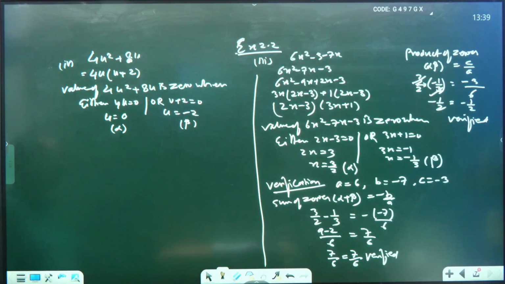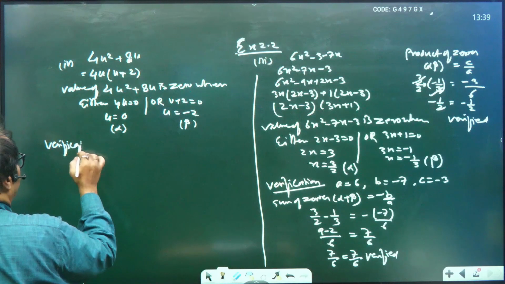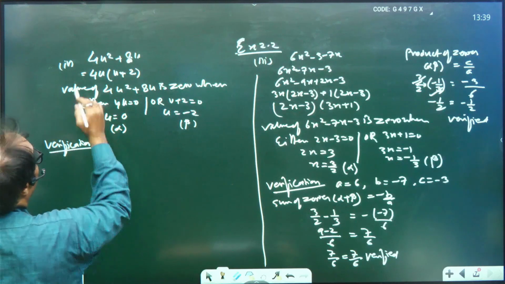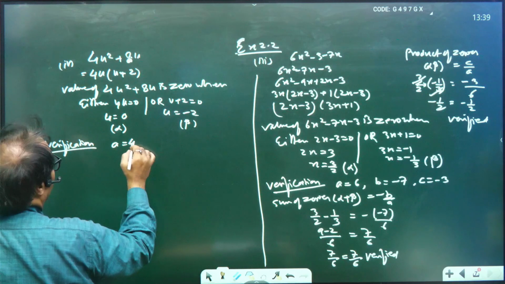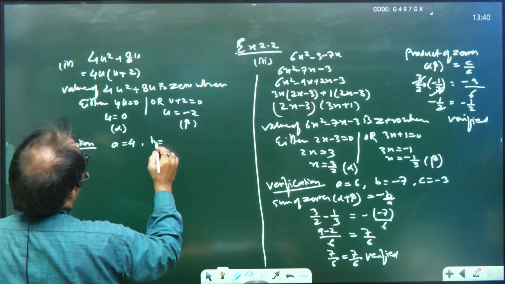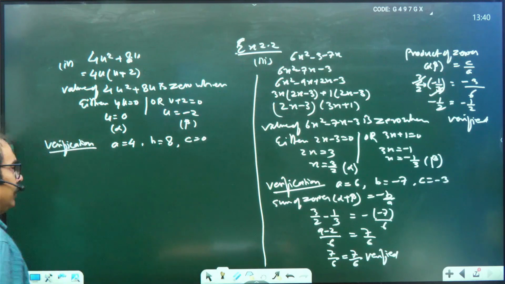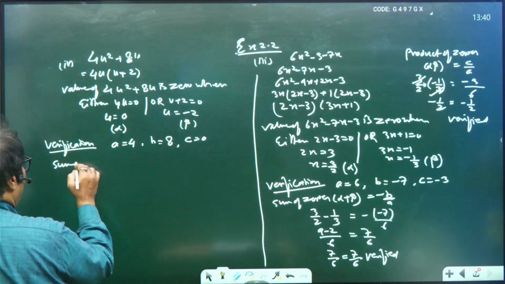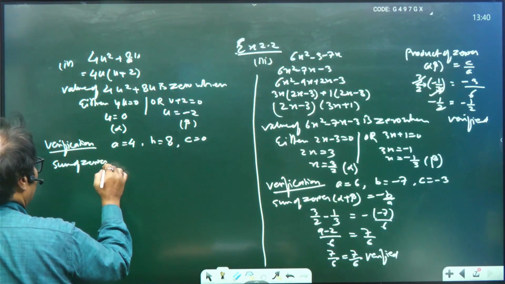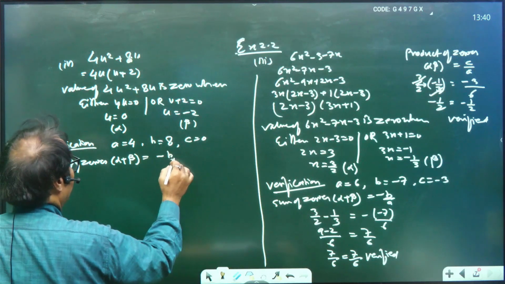And now find the verification. So the value of a is the coefficient of u square, that is 4, and the value of b is the coefficient of u, that is 8, and there is no constant term. So the sum of zeros, that is alpha plus beta, is equal to minus b upon a.